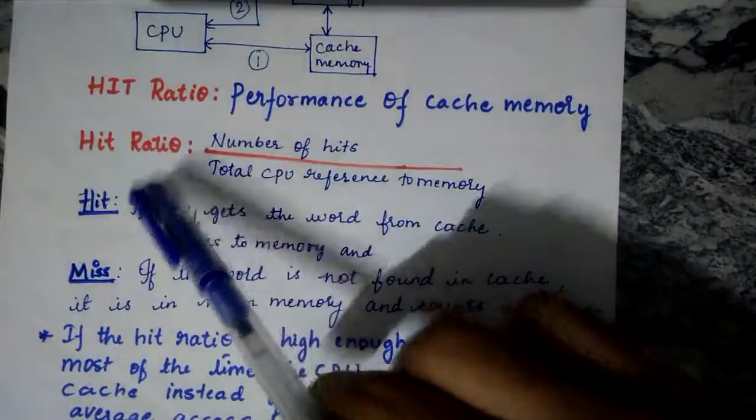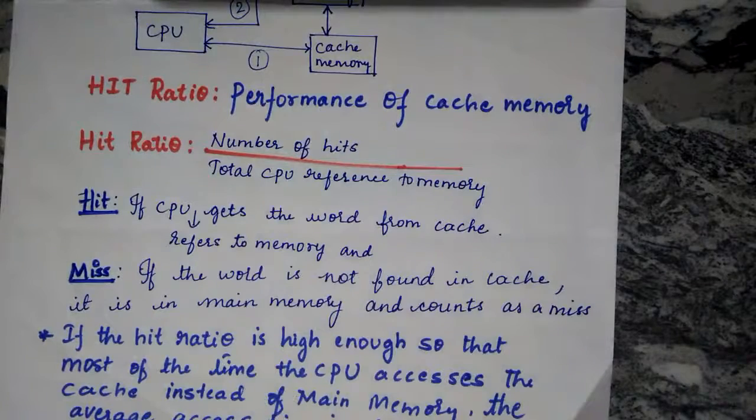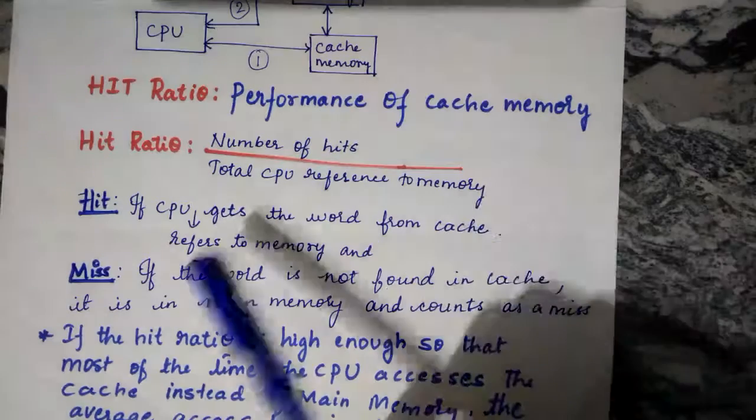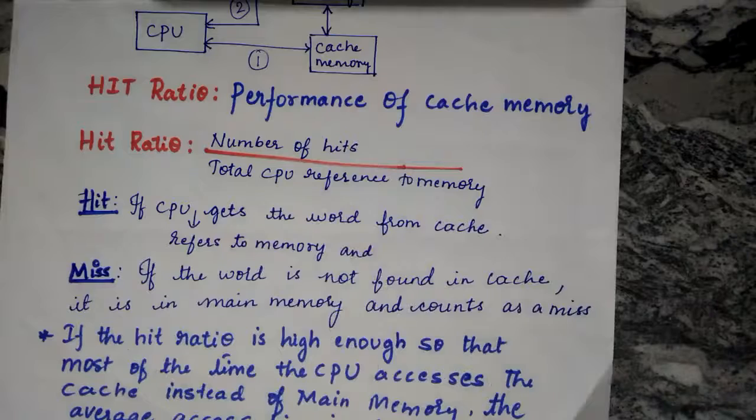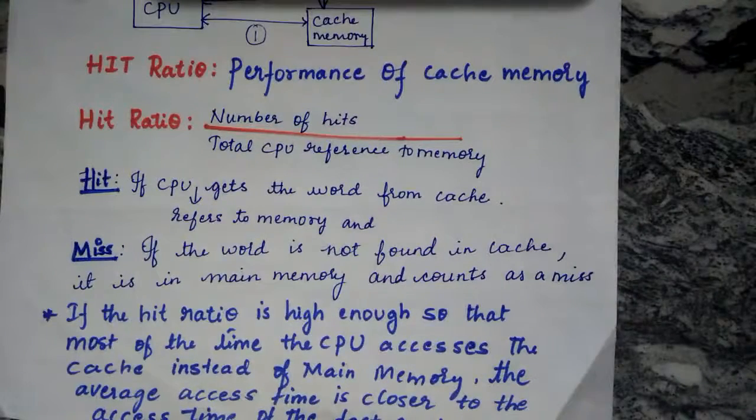Now the hit ratio is the number of hits divided by total CPU references to the memory, which is the sum of hits and misses. Then we can calculate the hit ratio.